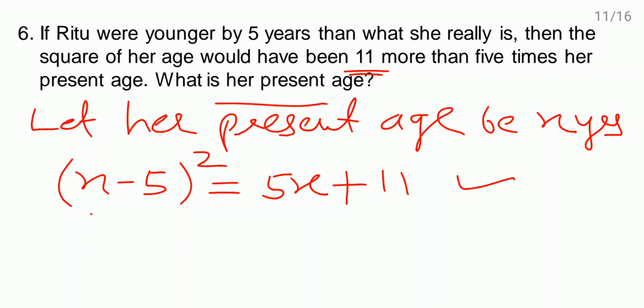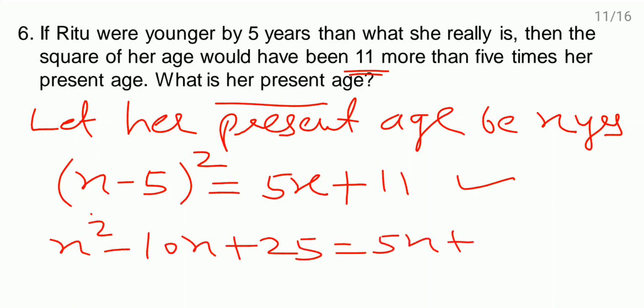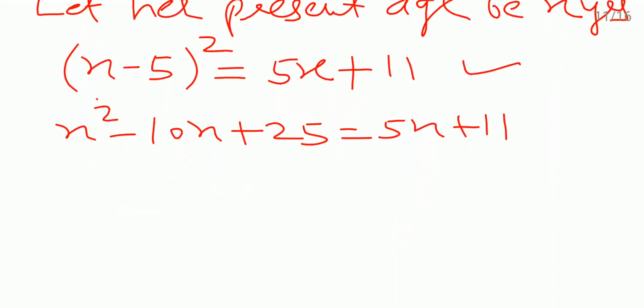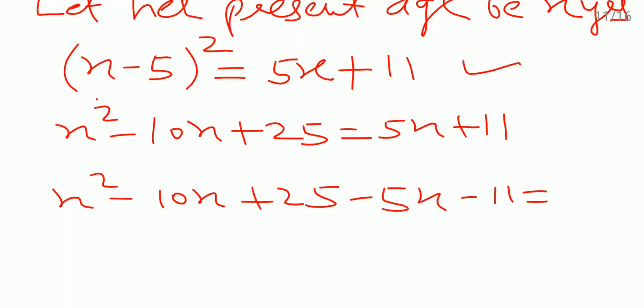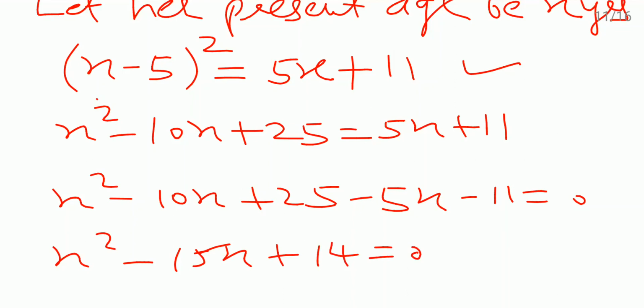Now we'll just make the square of this one: x square minus 10x plus 25, which is equal to 5x plus 11. Bring everything this side. So x square minus 10x plus 25 minus 5x minus 11 is equal to 0. So it is x square minus 15x plus 14, which is equal to 0.